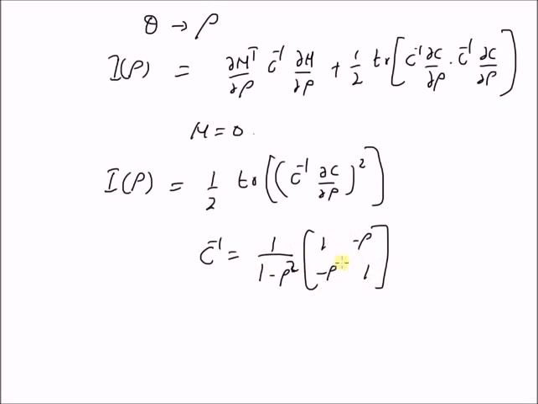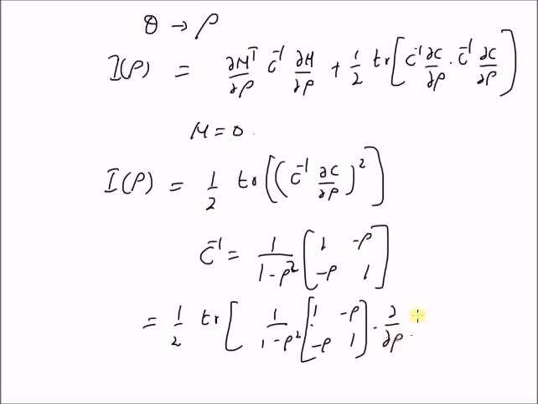So by using this definition in the Fisher information formula, we have 1 by 2 trace of C inverse, that is 1 by 1 minus rho square multiplied by [1, minus rho; minus rho, 1], that is the adjoint matrix, multiplied by the derivative of this matrix C, that is [0, 1; 1, 0], whole square.